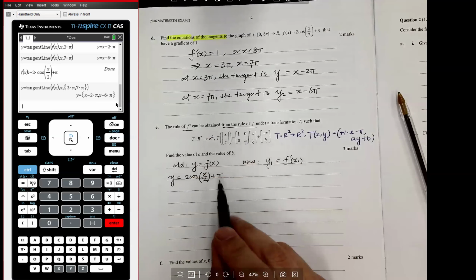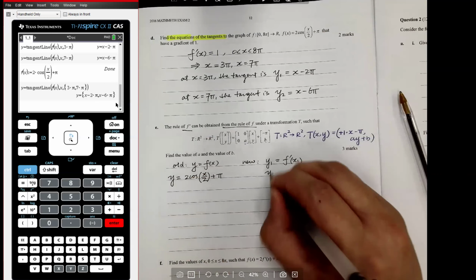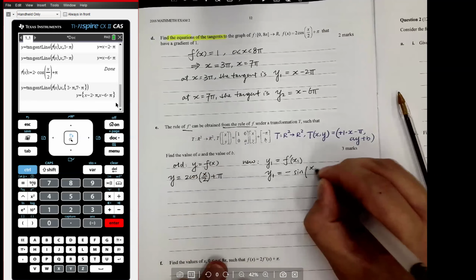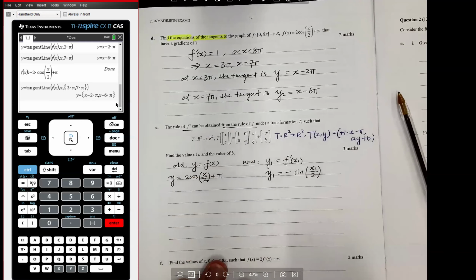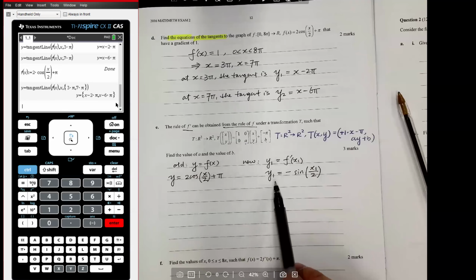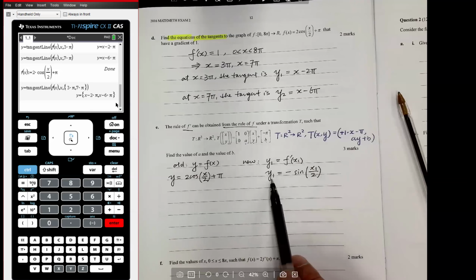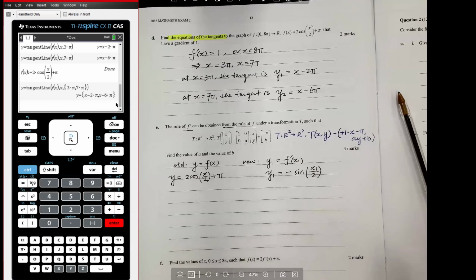If you are not entirely sure, you can flick back and look at this equation. And the new equation is y1 equals minus sine x1 divided by 2. In your Cambridge textbook or Jacaranda textbook, etc., they would use y dash and x dash notation to represent the new pair of coordinates. Here, I'm just more comfortable with y1, x1, which means the same thing.